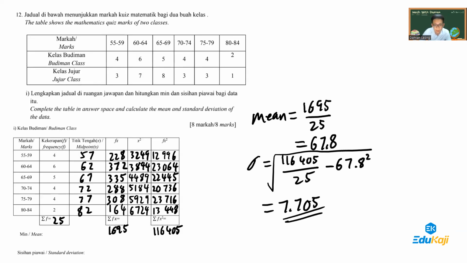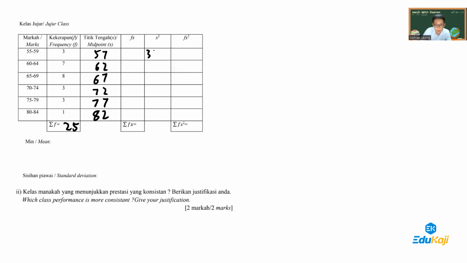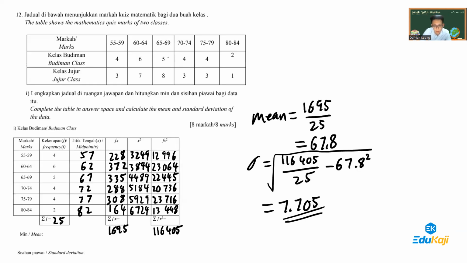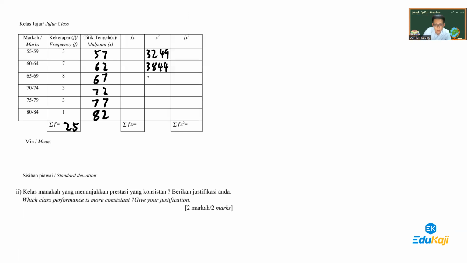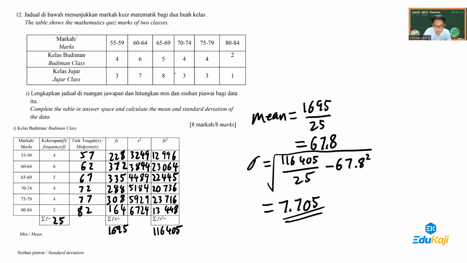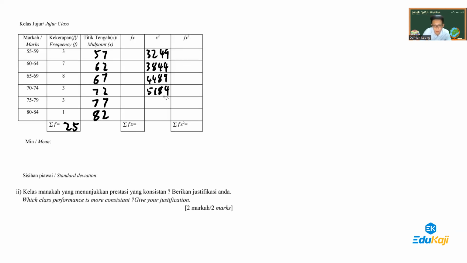So if the midpoint is the same, generally the x square will be the same. 3249, 3844, 4489, 5184, 5929, 6724.